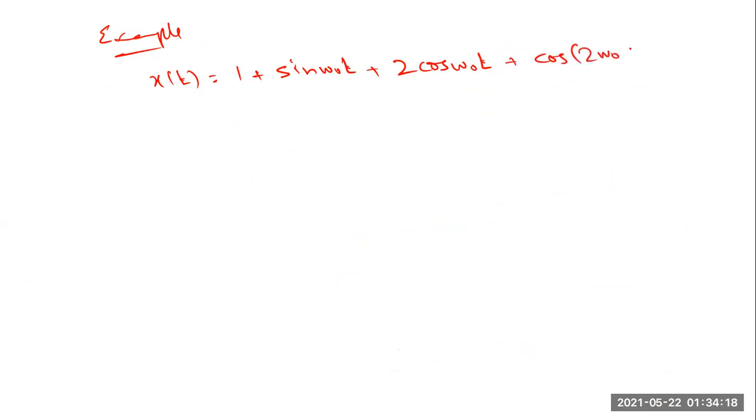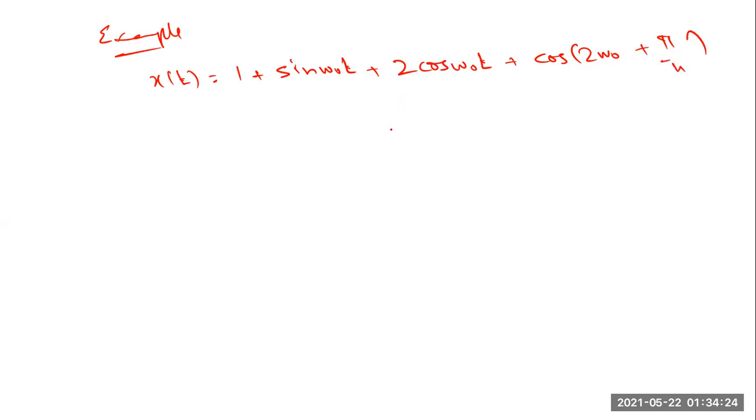Okay. Now, let me take another example. You may be given a signal which is like this: 1 plus sine omega naught t plus 2 cos omega naught t plus cos 2 omega naught t plus 5.